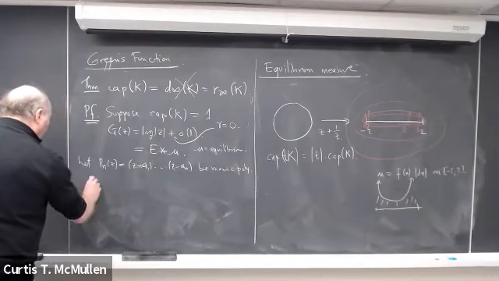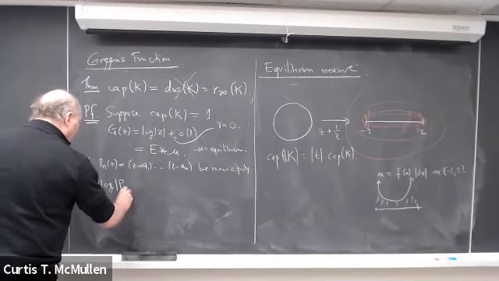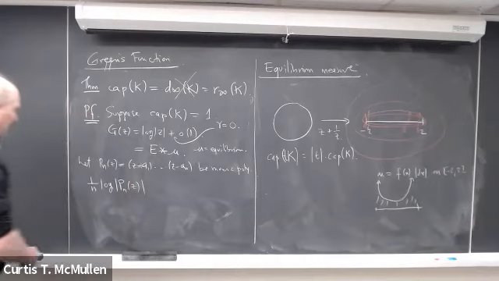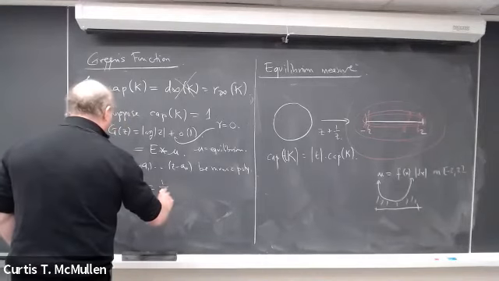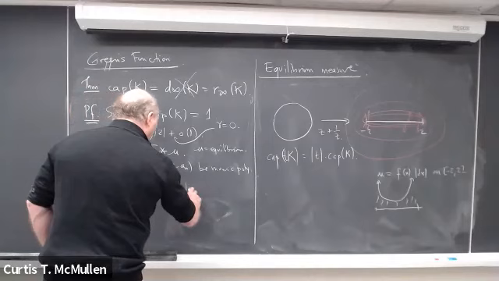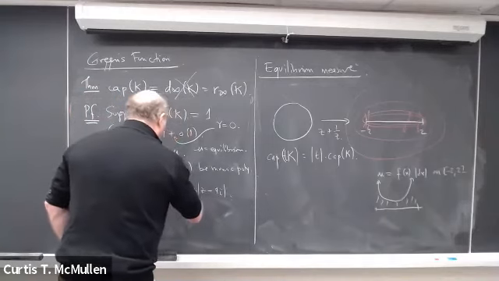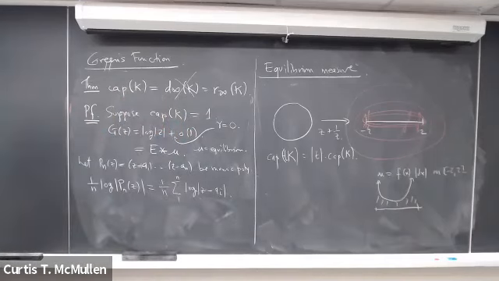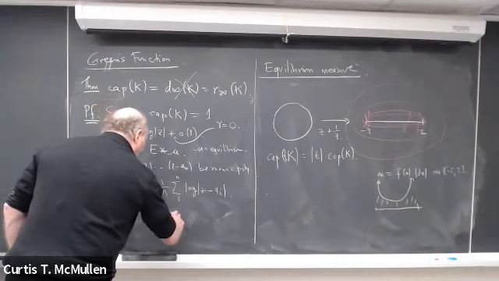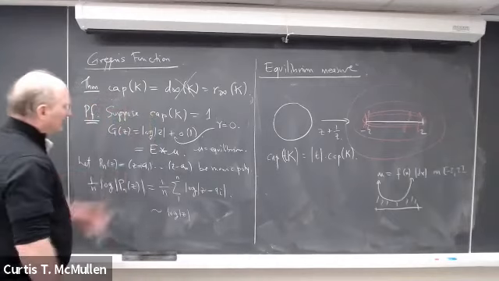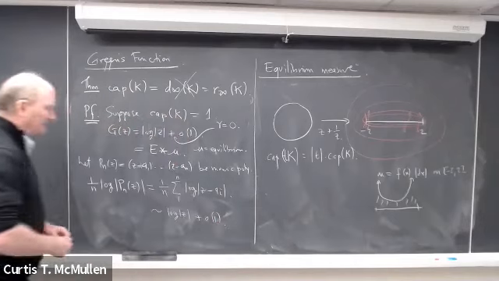So let's look at 1 over n times the logarithm of the absolute value of Pn of Z. This is just given by 1 over n times the sum of the logarithms of Z minus AI, where I goes through the roots of Z. So notice that this function is asymptotic to log Z again, just like the Green's function, plus little o of 1.